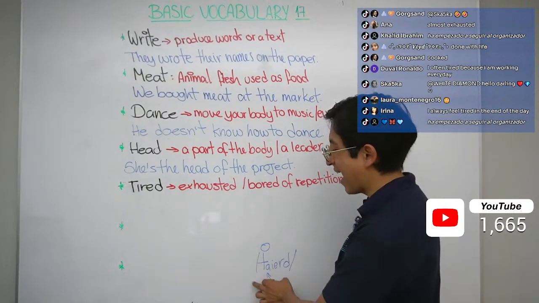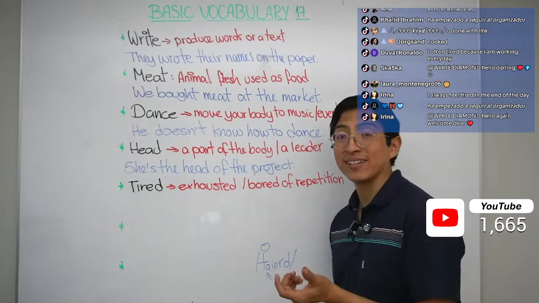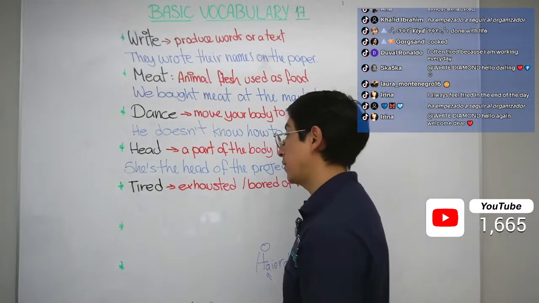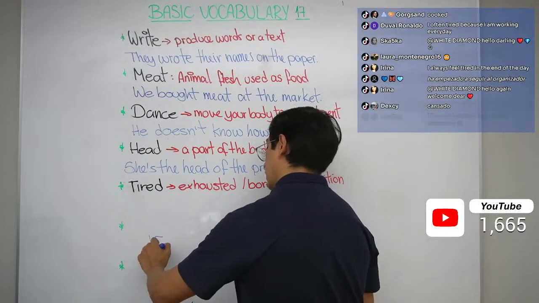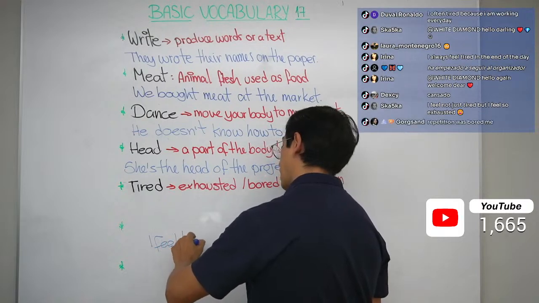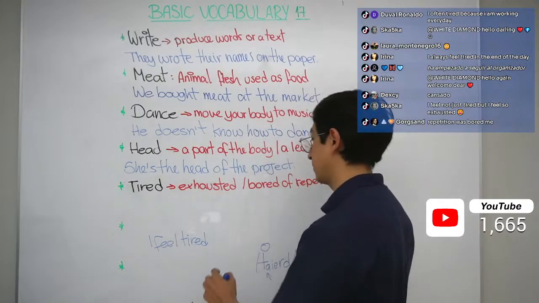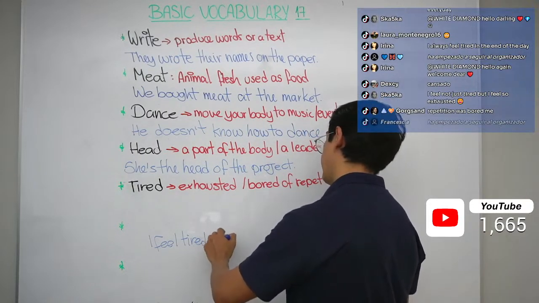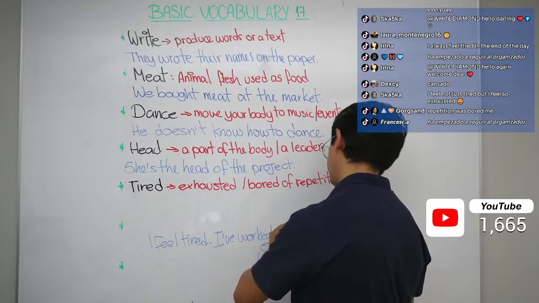Okay, let's start with the first meaning. Remember, tired, tired. This is the correct pronunciation. Now, in the first case, you can say, I feel tired, or I'm tired. I've worked all day.